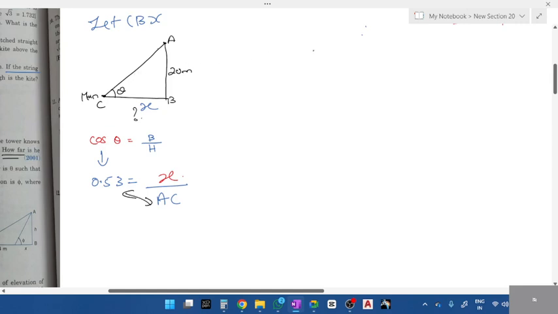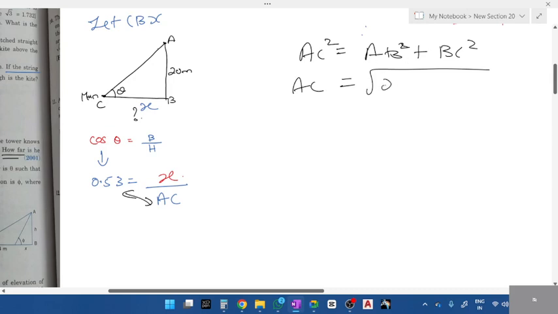Apply the Pythagoras theorem here. What is the Pythagoras theorem? AC square is equal to AB square plus BC square. What is AB square? 20 square, plus what did we take CB as? X square. 400 plus X square.